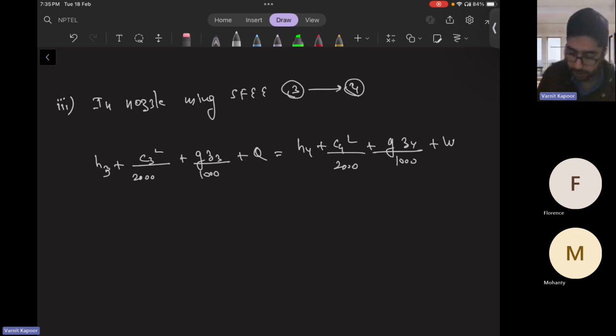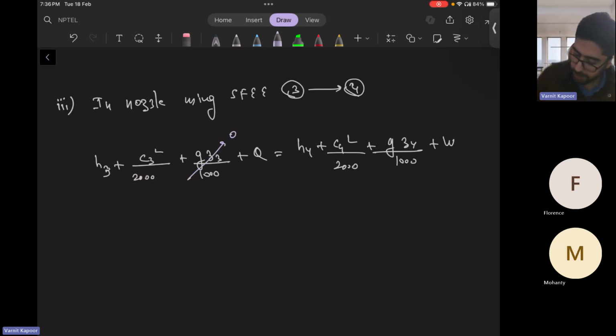We have asked velocity. So again, in a nozzle there is an increase in the velocity, but at the inlet velocity is not zero. We assumed in defining the nozzle that velocity at outlet is much higher than velocity at inlet, so we can neglect the velocity at inlet. But here velocities are there, so we cannot neglect.